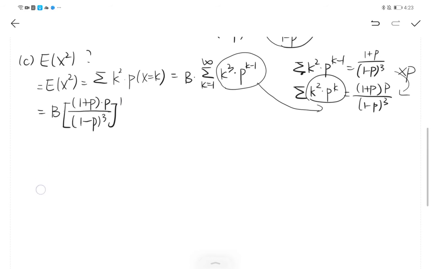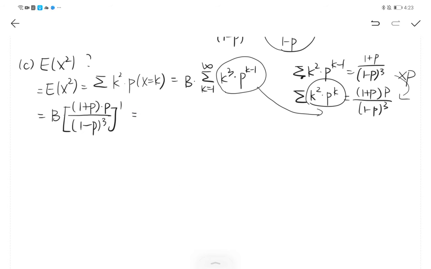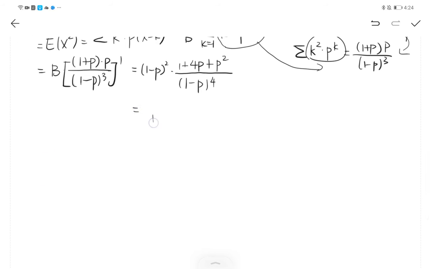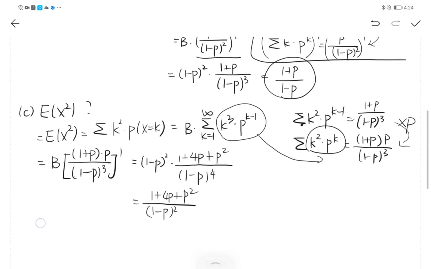That equals, with b equals (1 minus p) to the power 2, this equals (1 plus 4p plus p to the power 2) over (1 minus p) to the power 4, and it equals (1 plus 4p plus p to the power 2) over (1 minus p) squared.